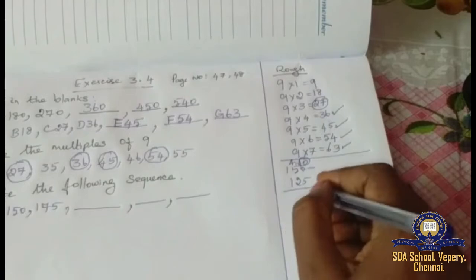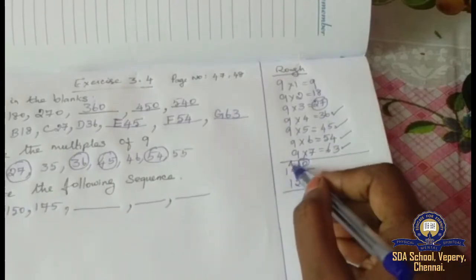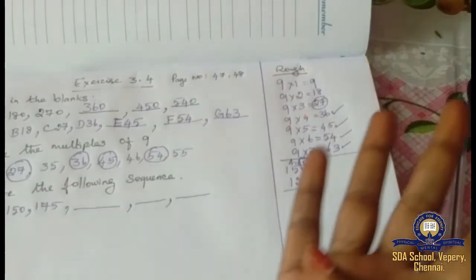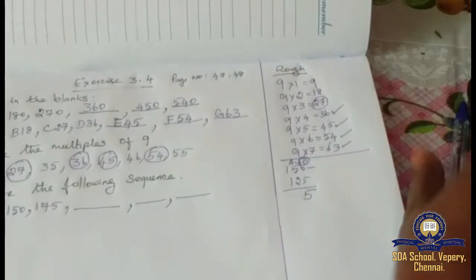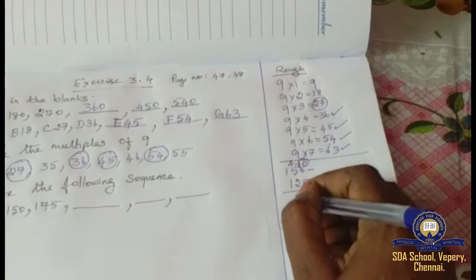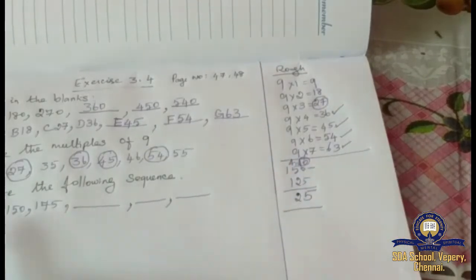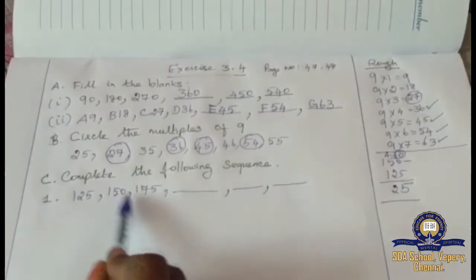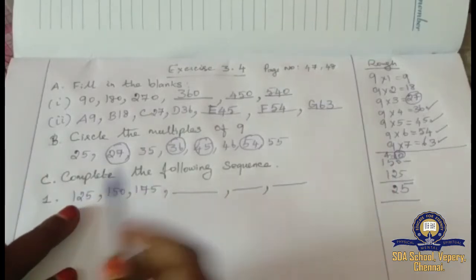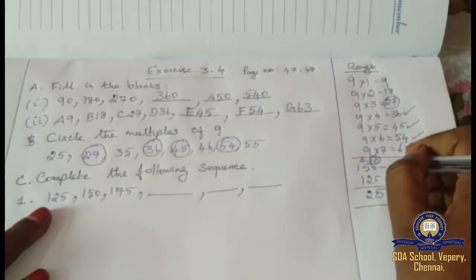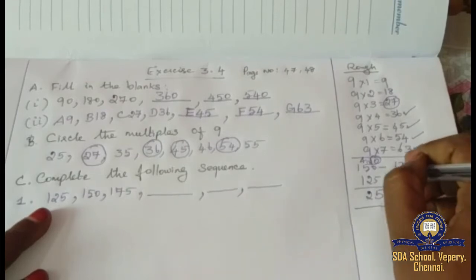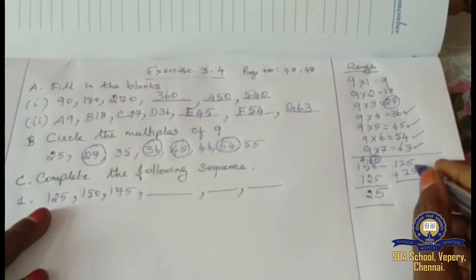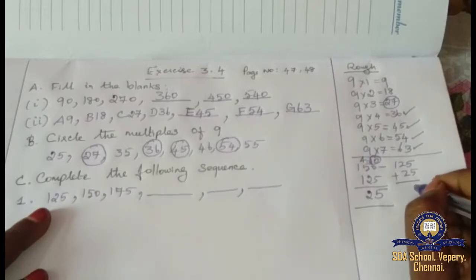So the next is 5. And then 4. In 4, subtract 2. 4, 3. So the next is 2. 1 minus 1, 0. So the difference between these two numbers is 25. That is, if you add 125 with 25, what will be the next number? 5 plus 5, 10.